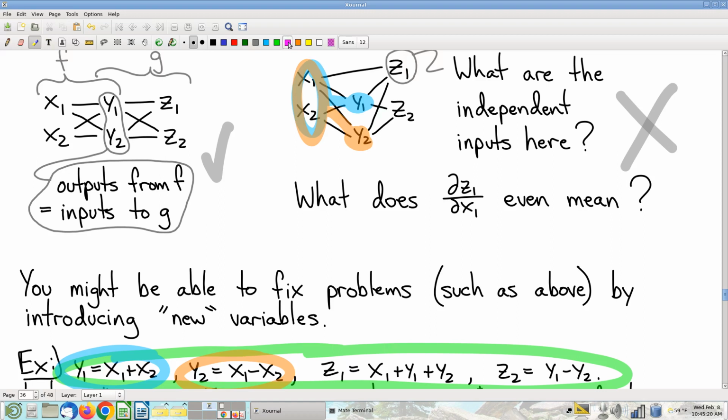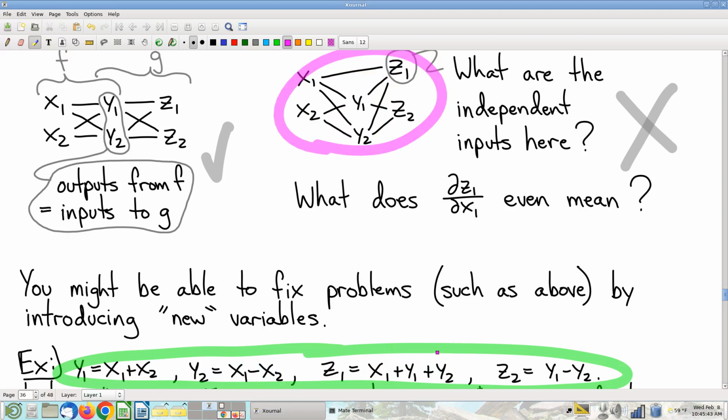And then z1 seems to be a function of x1, y1, and y2, etc. So this diagram seems, at a casual glance, to be what I should write to represent these equations. But again, as previously noted, this is garbage.